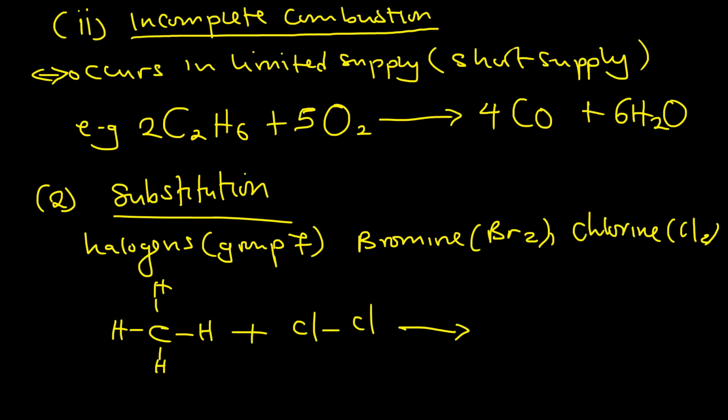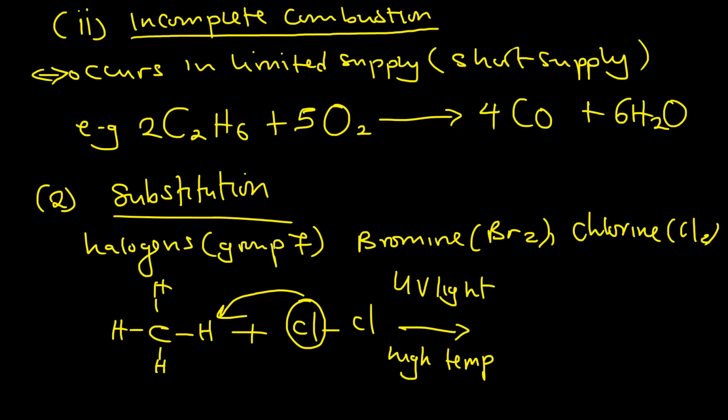The condition for this is in the presence of UV light or high temperature, alkanes undergo substitution reaction. What happens here is that this chlorine will substitute the hydrogen there, which means chlorine will go where there's hydrogen. So it's going to be hydrogen, carbon, hydrogen, hydrogen, hydrogen. 1 hydrogen is gone, replaced by chlorine, plus hydrogen chloride. The hydrogen that is displaced reacts with that.